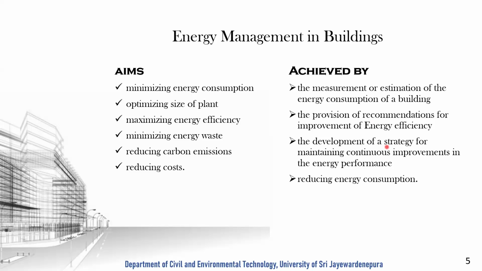Maybe not just 1 month, but how we maintain this for 6 months, 1 year, etc. So there should be a plan and implementation in place. Overall, our target is reducing energy consumption. We'll discuss the details in the coming segments.